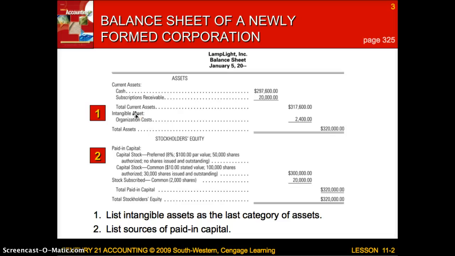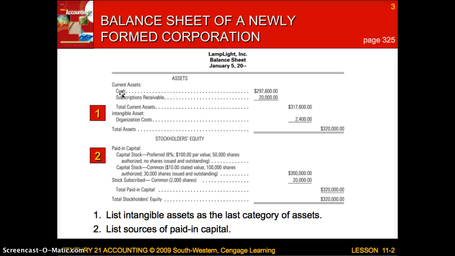Other assets that are not intangible, like cash, that's something you can touch, so that's a physical asset. Subscriptions receivable will go up under our current assets. That is money that we are waiting on for that subscription that we have agreed to with Daniel Herring. So our cash on hand is the original $300,000 paid by the incorporators, minus any organizational costs.